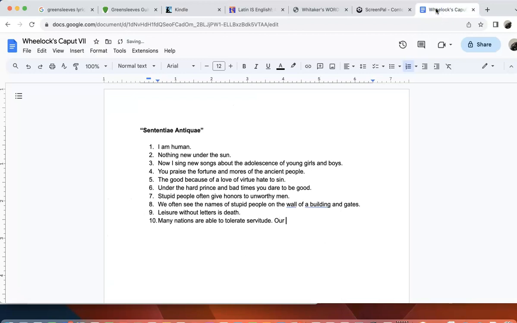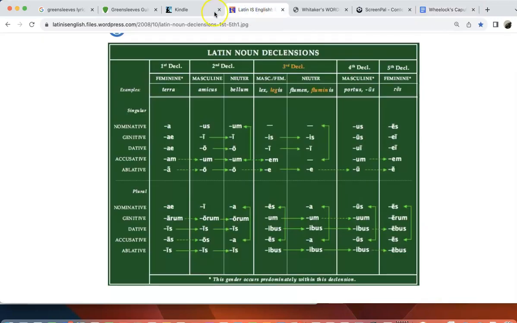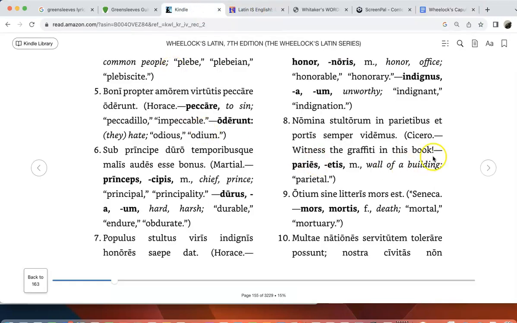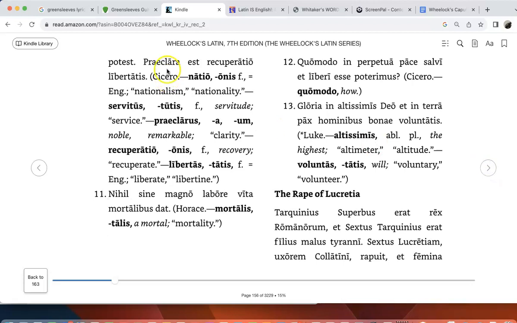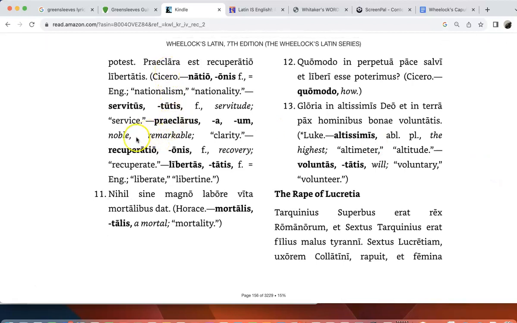So our state, the Roman state, is not able to, and again, the implication here is to tolerate servitude. That's sort of implied, just given the context. Our state is not able to tolerate. And then praeclara means noble. And then recuperatio, the recovery. So the recovery of liberty is noble.